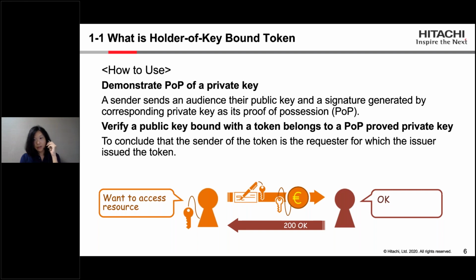Then the receiver of this token needs to verify whether the public key bound with this token belongs to the proof-of-possession proved private key by the sender. If so, the receiver of this token can conclude that the sender of this token is the requester to which the issuer actually issued this token.